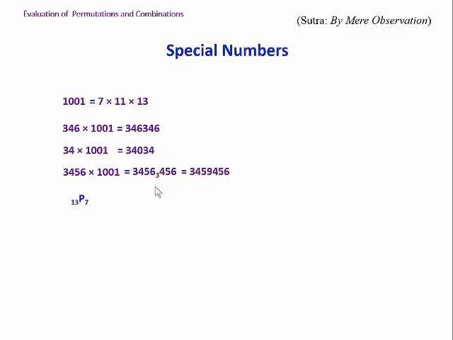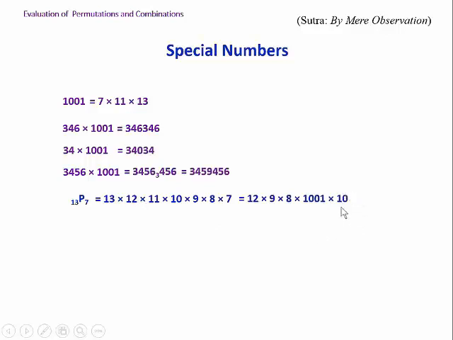Let's look again at the 13P7 that we had before, which was this sequence of numbers multiplied together. In fact, we've got 7, 11 and 13 in there, and so we can make use of this 1001 number. What's left after you've taken those 3 out is the 12, the 9, the 8 and the 10.